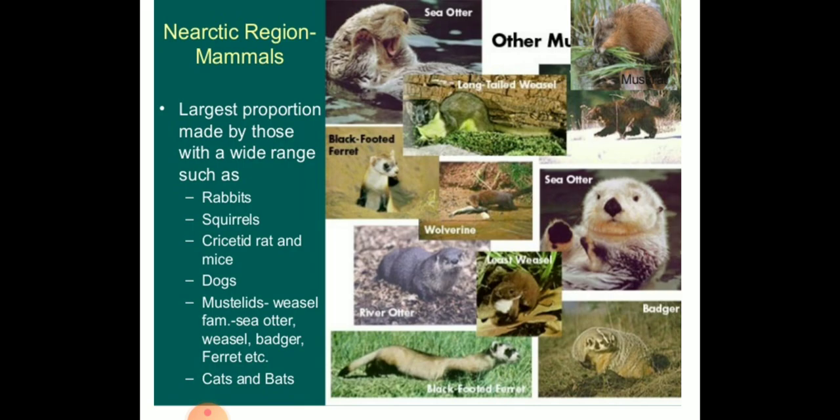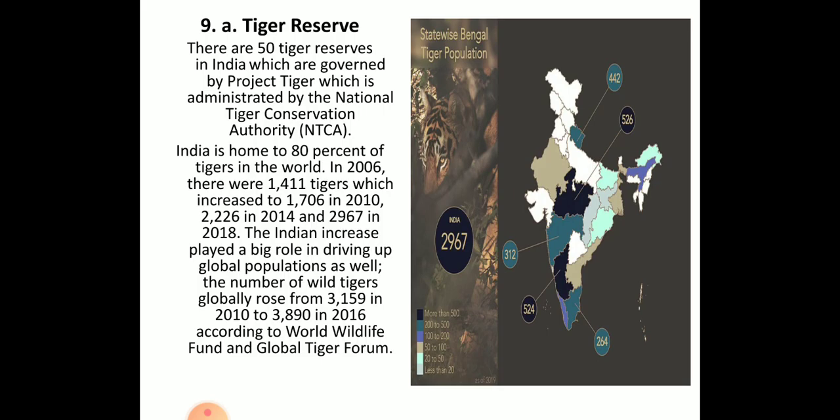And what are the mammals? A large portion of a wide range: rabbits, squirrels, rats, dogs, different types of bats and cats, and also honey badger, sea otters. So this type of organisms live in the Nearctic region.